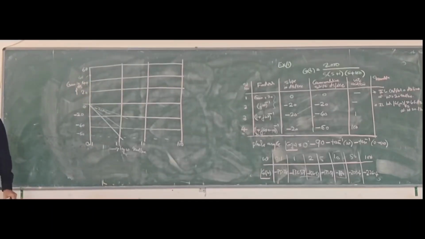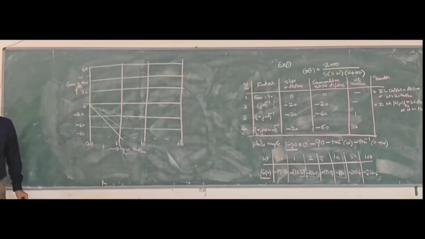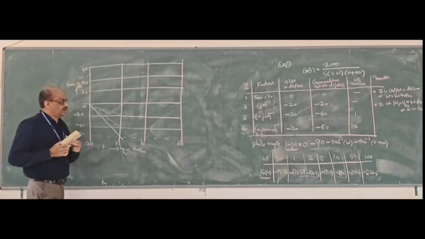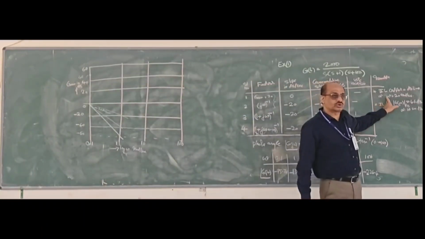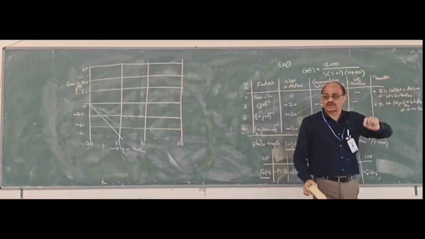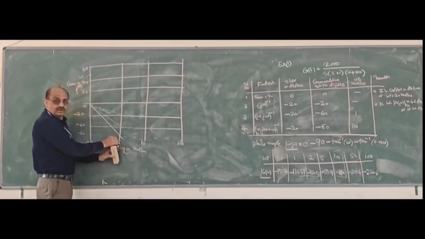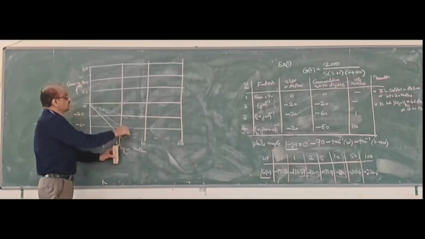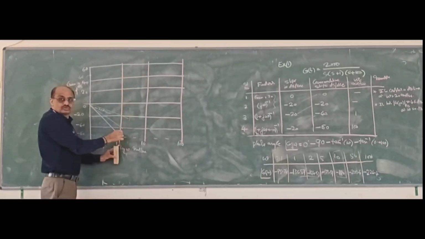At 0.1, the initial line has 46 dB. So you have marked. Next, the initial line passes through omega equal to 20. Where is 20? Note that this is 1. After this, here somewhere you have 2.